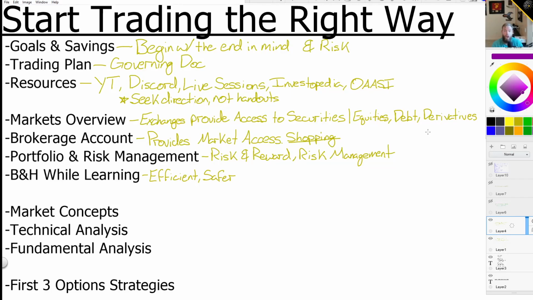So these are contracts where their value is derived from something else. So we'll get into a little bit more about some general market concepts down here, but it's really important to note that the markets are large. There are a ton of players in it, and retail traders make up a small part of that.